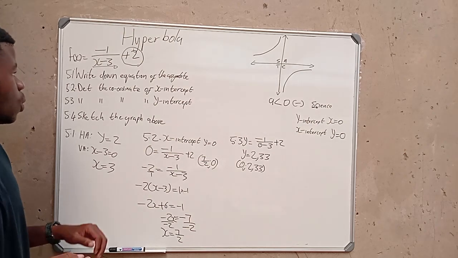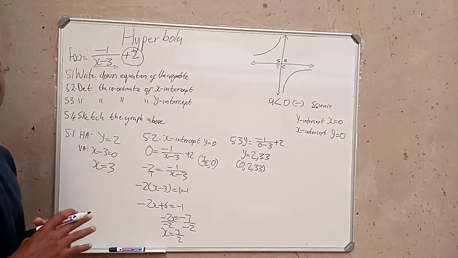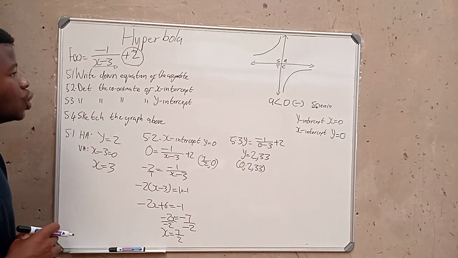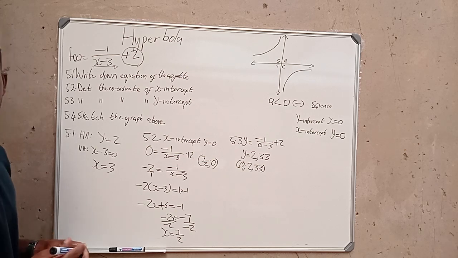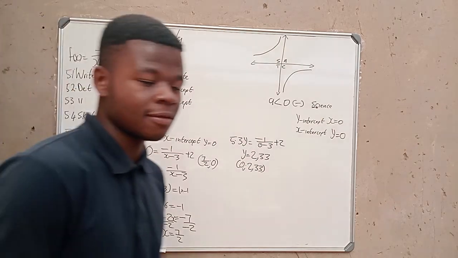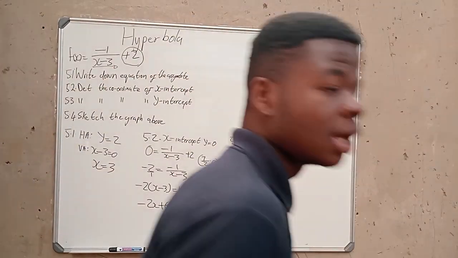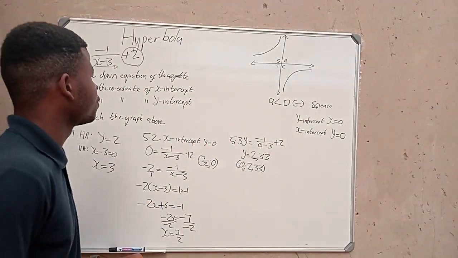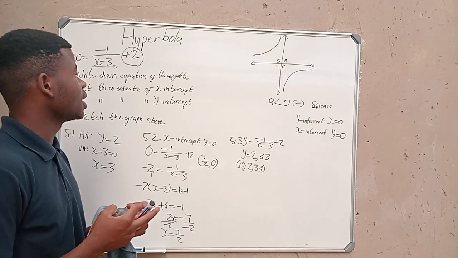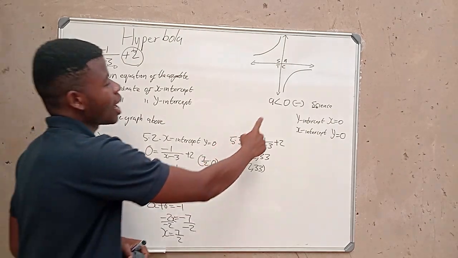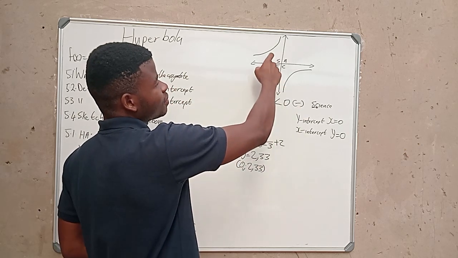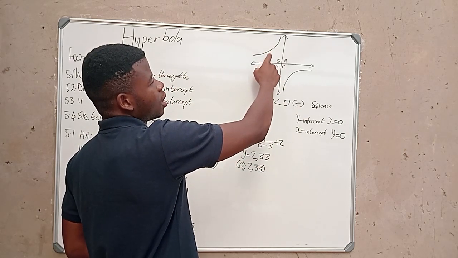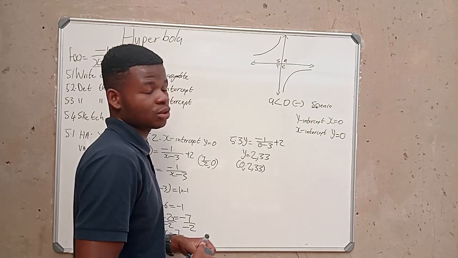Now we have enough information for us to be able to sketch the graph. Guys, if you watched the whole video, I talked about when our a is negative, our graph is going to exist in the second quadrant and the fourth quadrant.